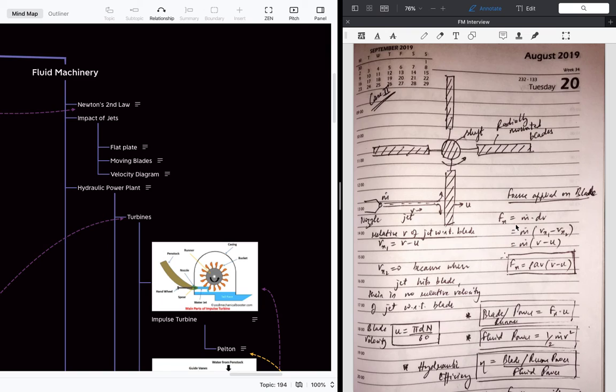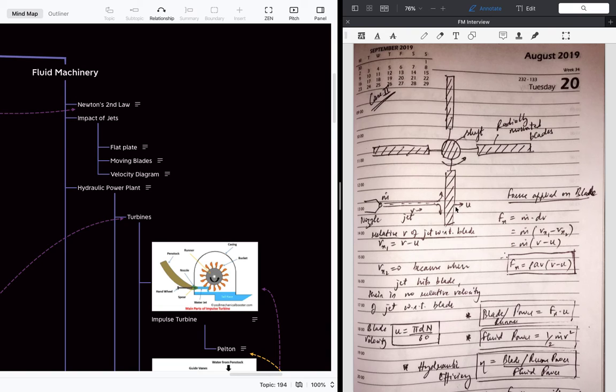As we know, force is mass flow rate times dv, the change in velocity from here to here. The first velocity Vx1 is the relative velocity of the jet and the plate. The jet is moving at velocity V and the blade at velocity u, so the relative velocity will be V minus u.